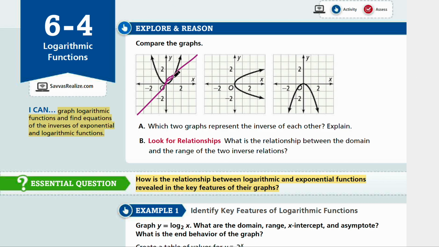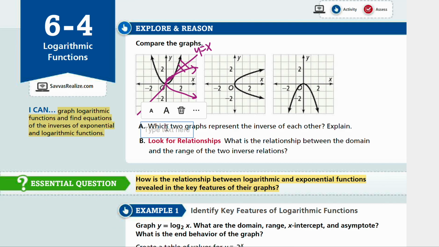If it's reflected across this line, all the points are equal distances away from this line, right? So if you graph a reflection across the y equals x line, that is the graph of the inverse function, which means these two graphs are inverse functions.